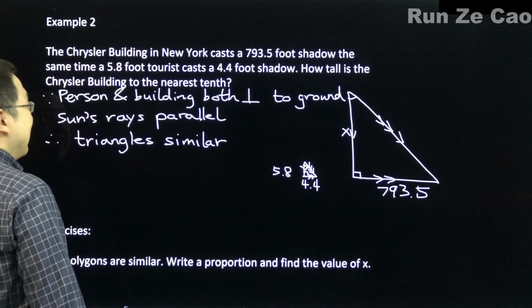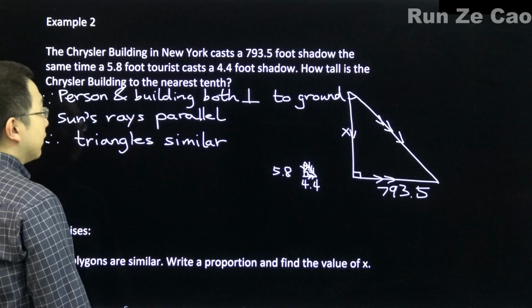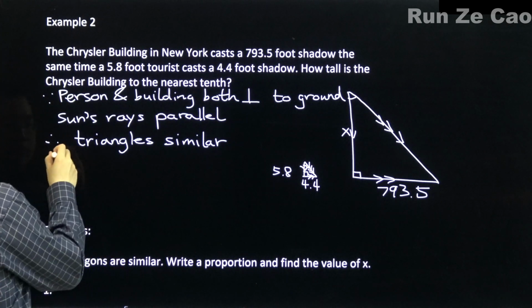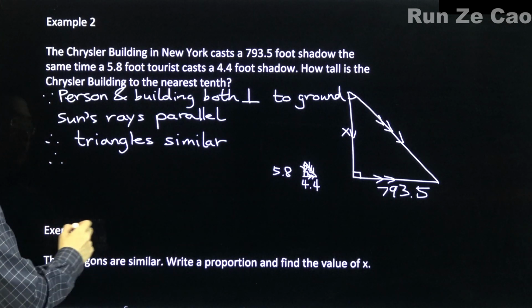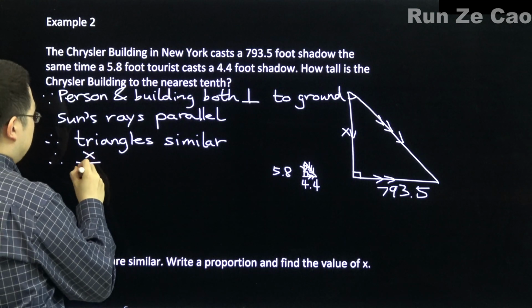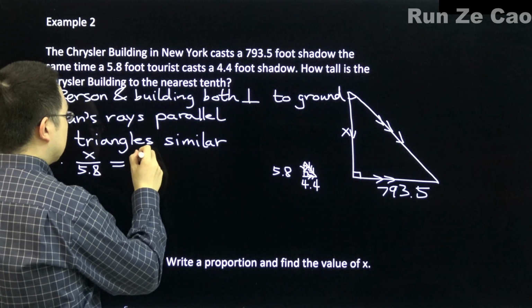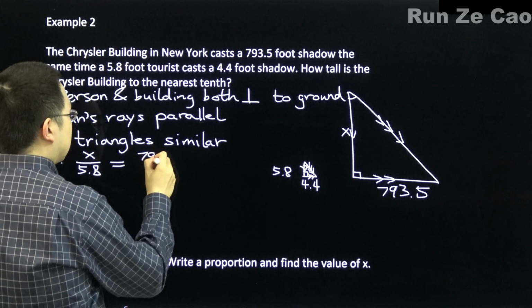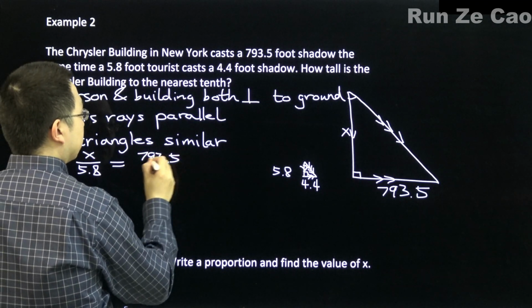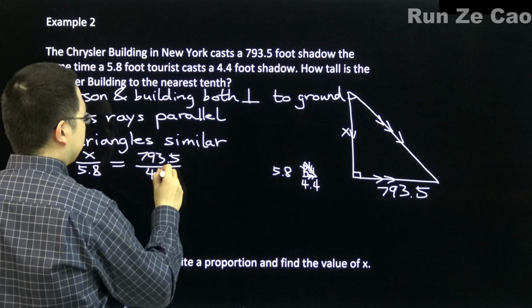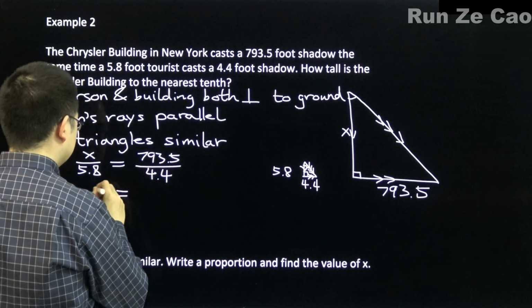How tall is the Chrysler Building to the nearest tenth? Therefore, x over 5.8 is equal to 793.5 over 4.4.